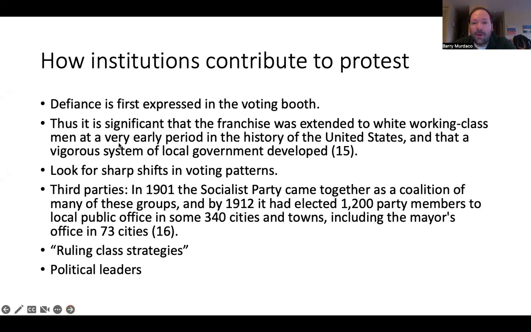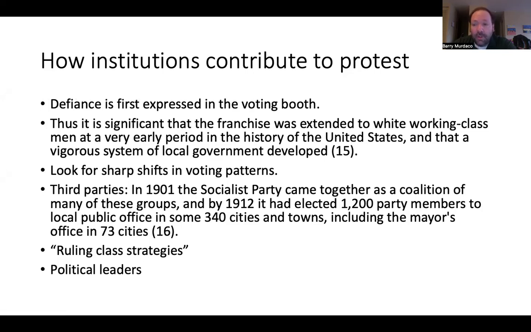Then they look into how political institutions specifically contribute to protest. Basically, what they're saying here is, how do political institutions play a role in diffusing the pressures, diffusing the discontent that boils up among people, and how can they absorb that discontent into the regular political process to essentially preclude or block the formation of these social movements.